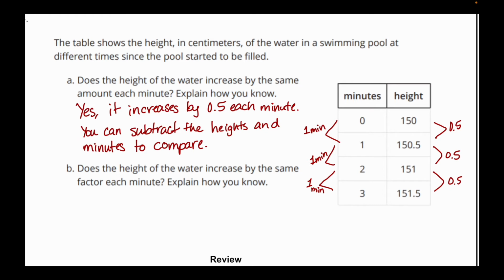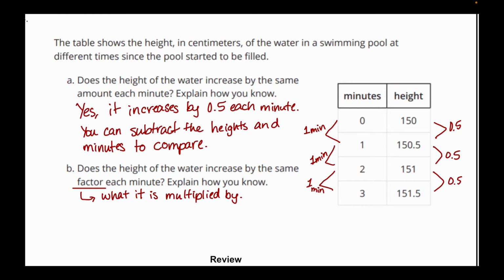Okay, so now we want to look at the factor. The factor means what are you multiplying by? So a factor is what it is multiplied by. And you're pretty much never going to have a common difference like this one.